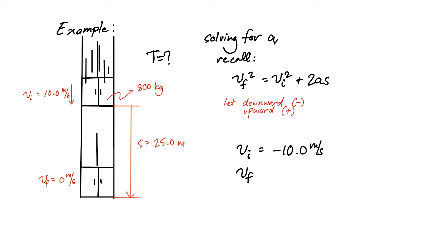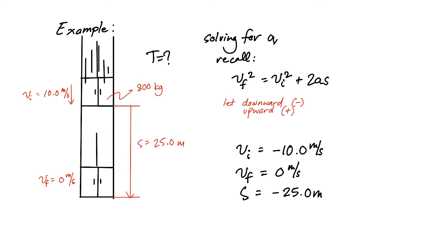Our final velocity, it is still 0 meters per second, but our displacement, since downward din, yung displacement niya, we will, again, add a negative sign here, so that is negative 25.0 meters. Okay, so we will use this sign convention.